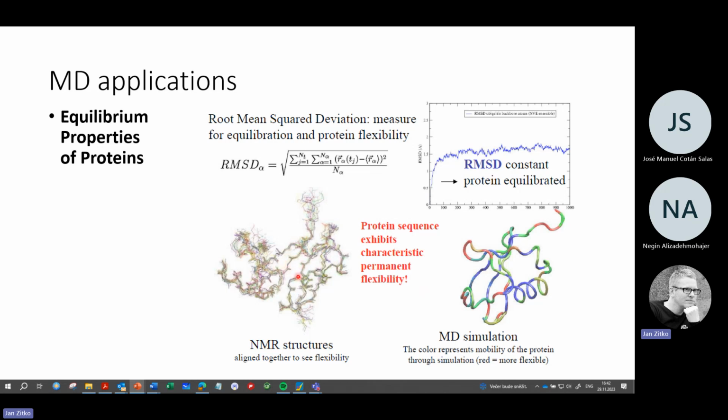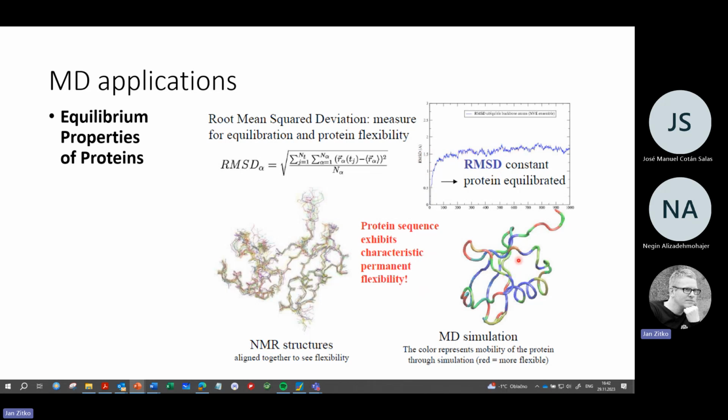So you can run the simulation of your protein, usually in a box of water, and then of course you first do the equilibration. Once your RMSD is set around some equilibrium value, it means you are equilibrated and you can start recording. Again, you see that a well equilibrated protein RMSD value is usually somewhere around 1.5 angstroms.